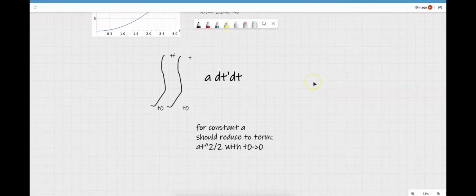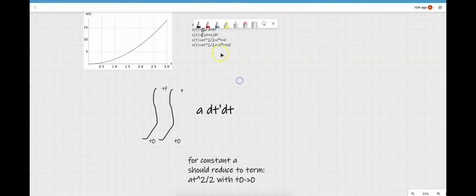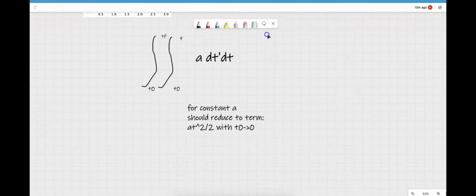But this last bit, bonus exercise, if you want to prove it for t naught that doesn't equal 0: these equations are assuming a t naught of 0, as we're going from 0 time to the end. But if you want to prove for a more general case that the integral between final time and initial time does result in our equation, you can do this exercise that should result in the same t squared over 2 term.